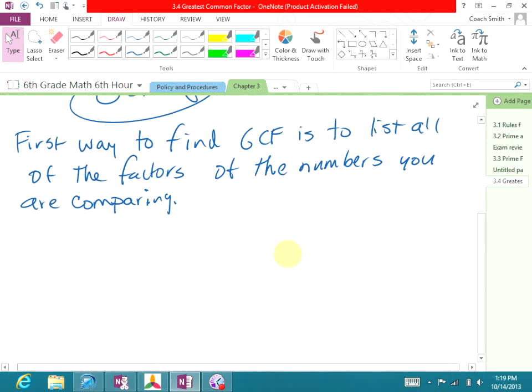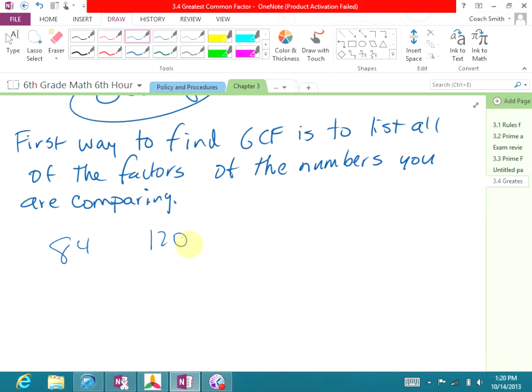Okay? The second way, for example, if I had these two numbers, 84 and 120, right there you can tell that would take a lot of time to list all the factors of those two numbers. So there's got to be an easier way or a shortcut.